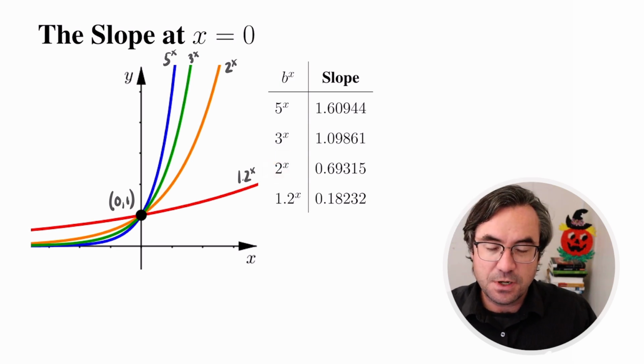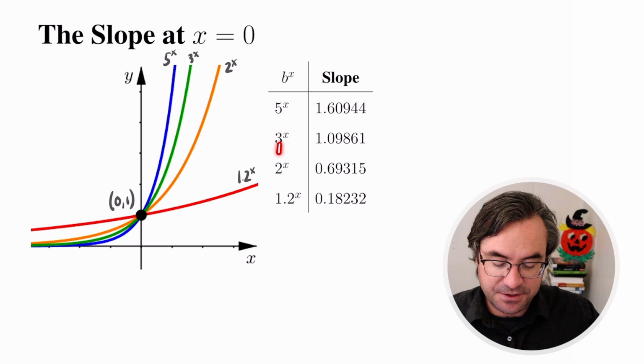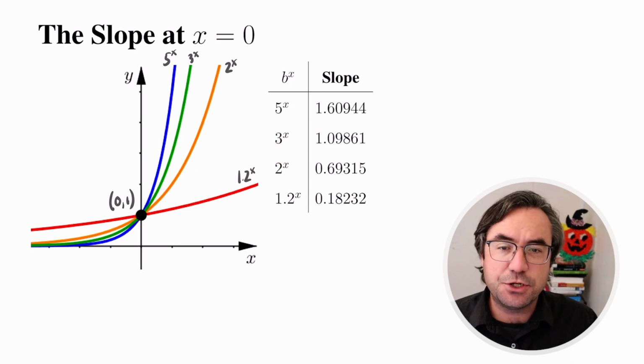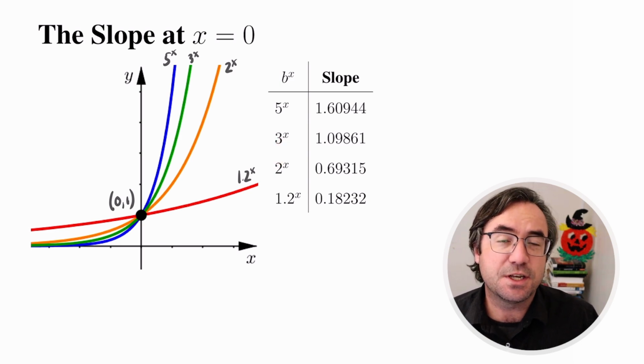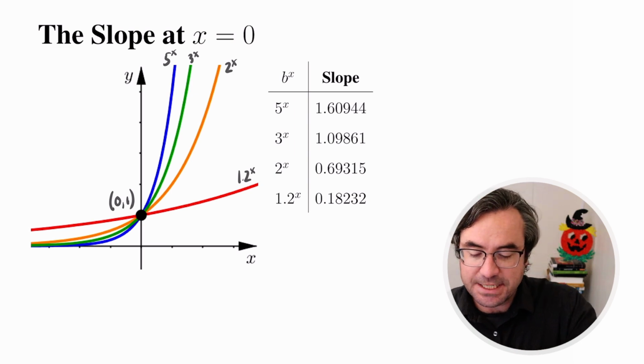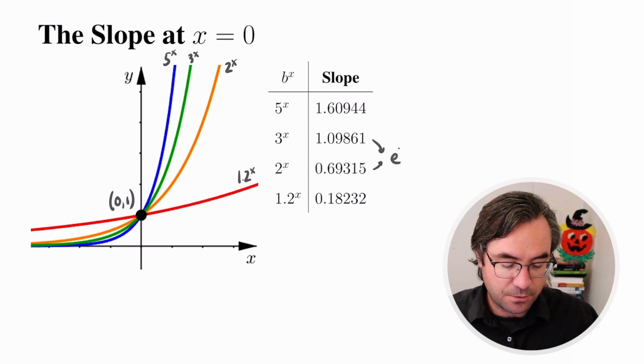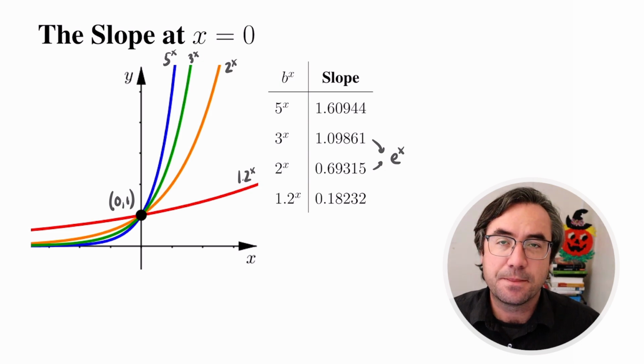And so a natural question is, is there a constant that sits in between 2 and 3 that gives us an exponential function that has a slope exactly equal to 1? And the answer is yes. That special number is e.